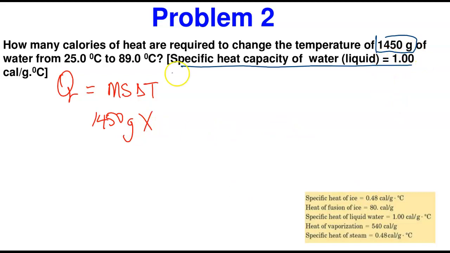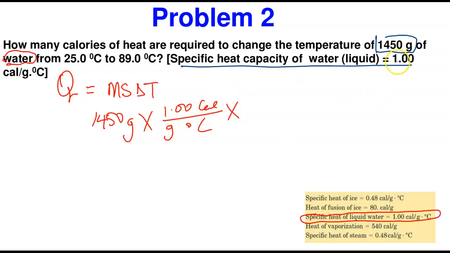Now the heat, this is what? How many calories are required to change the temperature of water. Remember, when they say water, it's liquid water. The specific heat capacity is going to be this. So that's what we're going to use. So it's going to be 1.00 calories per gram per degree Celsius times the temperature change. Oh, it's even given there.